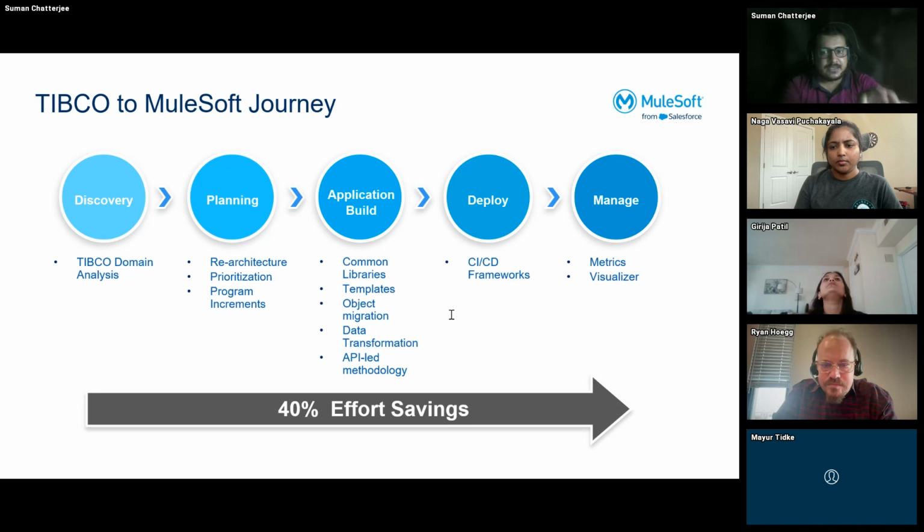I'll spend the next slide talking about prioritization, but just understand for now, it is this phase or this step that will create the entire plan of how you migrate your APIs from TIBCO to MuleSoft.